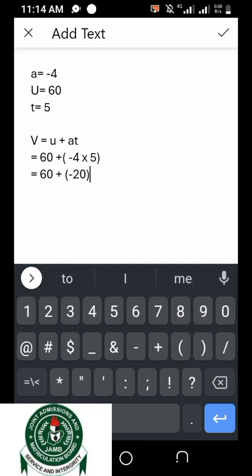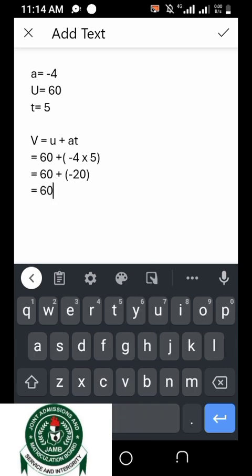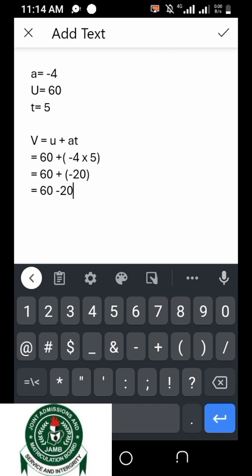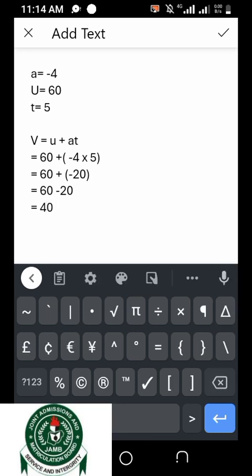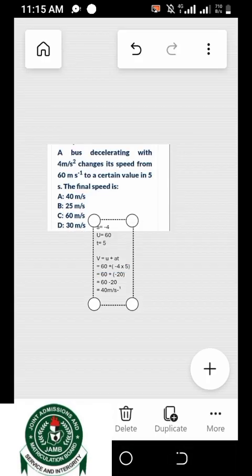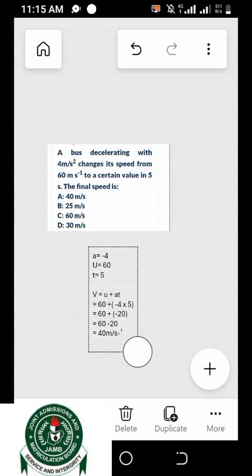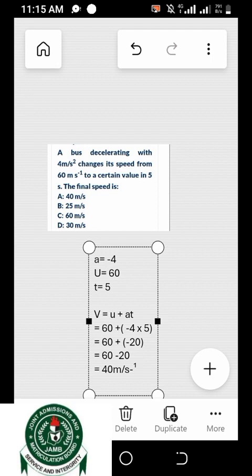Yeah. So minus and plus means we have minus. So it's 60 minus 20 is equals to 40 meters per second. Yeah, this should be our answer. Without stress. Yeah. So our answer is 40 meters per second, which is A.